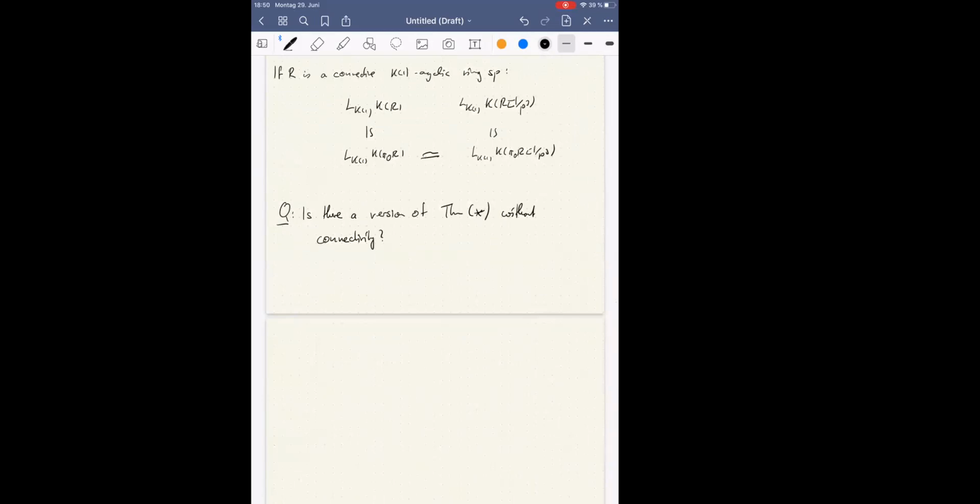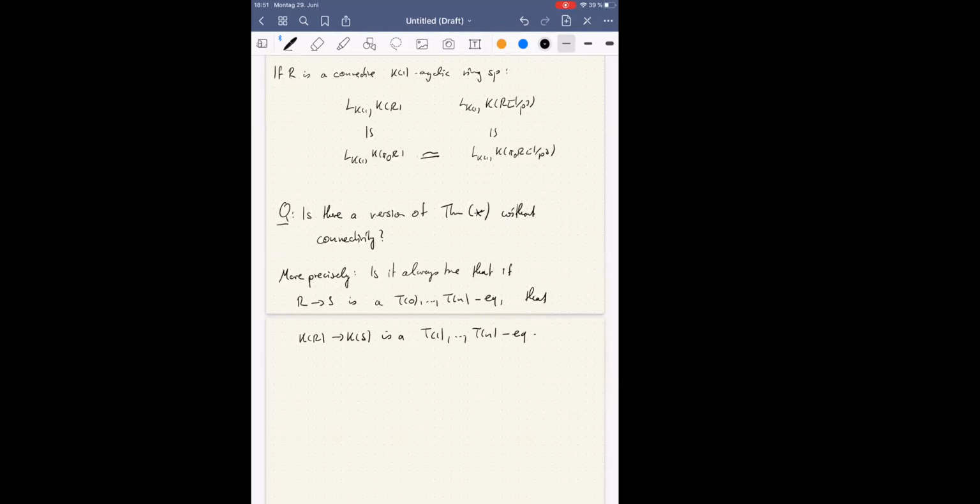More precisely, is it always true that if R to S is a T0 to Tn equivalence, then K of R to K of S is a T1 to Tn equivalence?